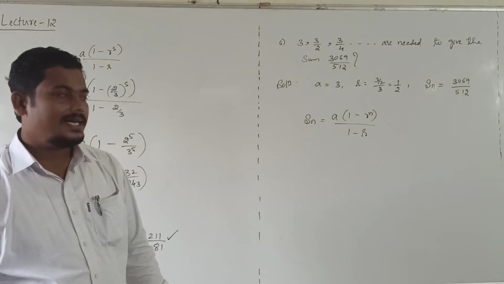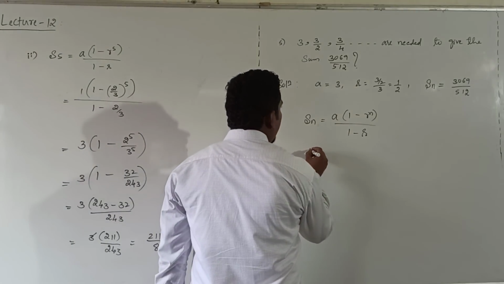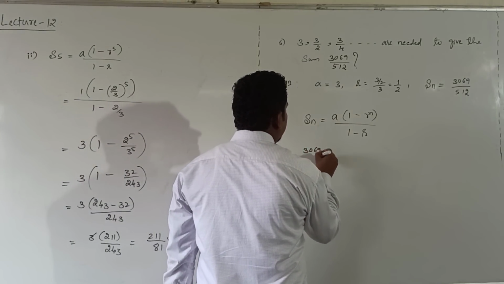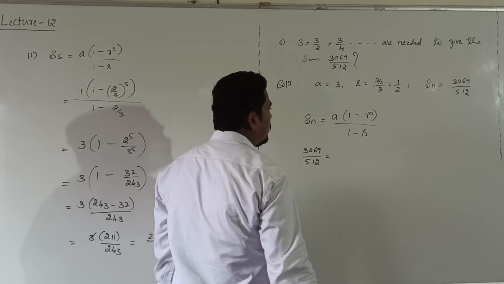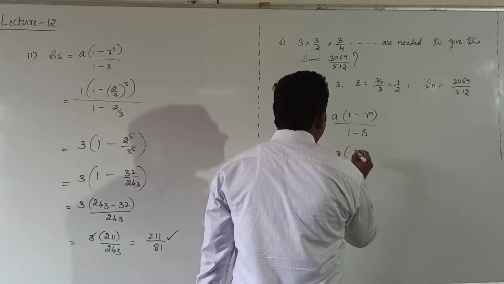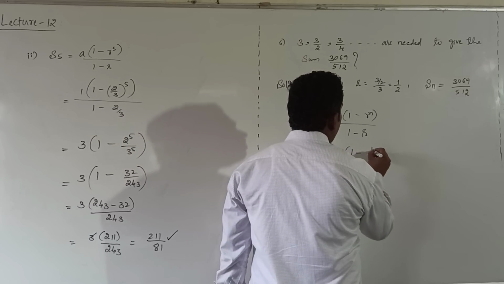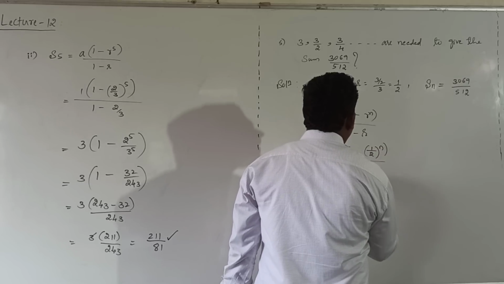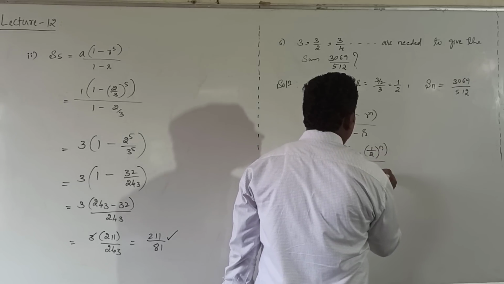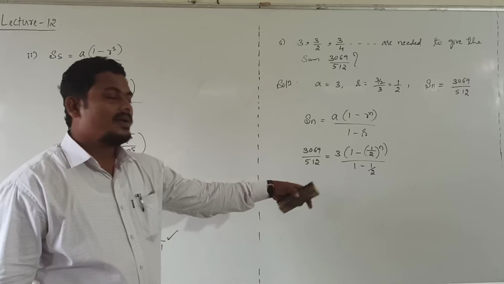Because R is less than 1. Now 3069 divided by 512 equal to A value 3 into 1 minus 1 divided by 2 whole to the power n divided by 1 minus 1 by 2.